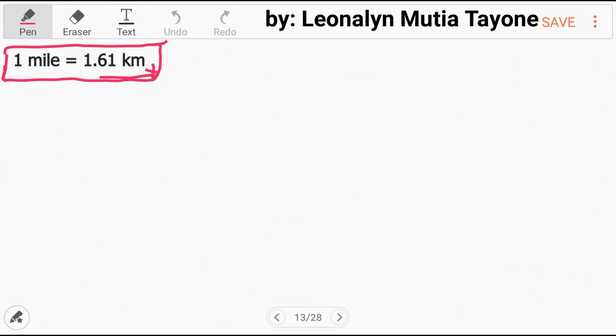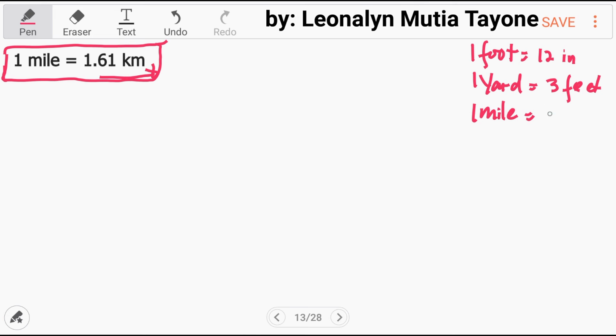Doon muna tayo sa standard units. Isulat natin na si 1 foot ay equals to 12 inches, at si 1 yard ay equals to 3 feet. Tapos si 1 mile is equals to 1760 yards.